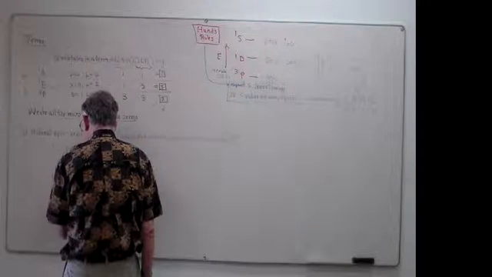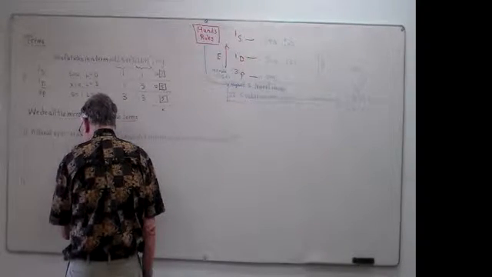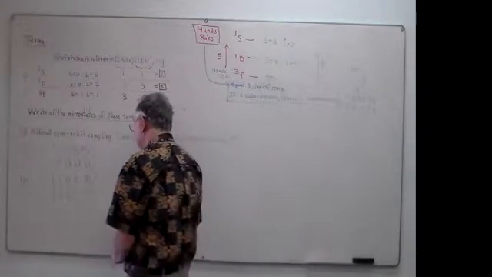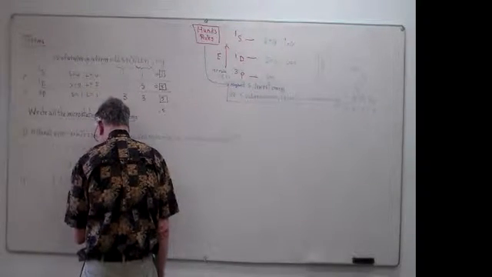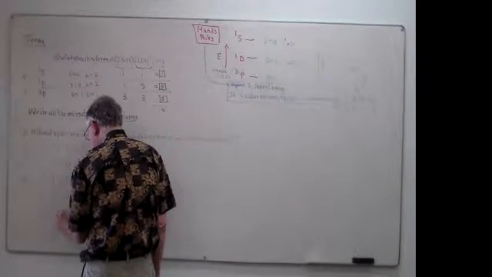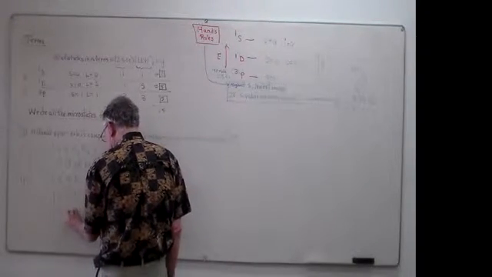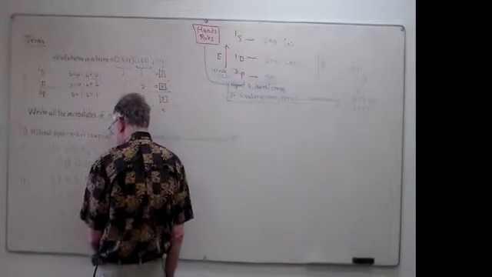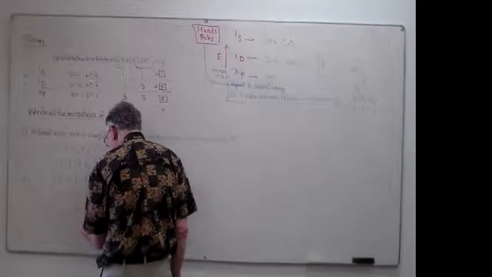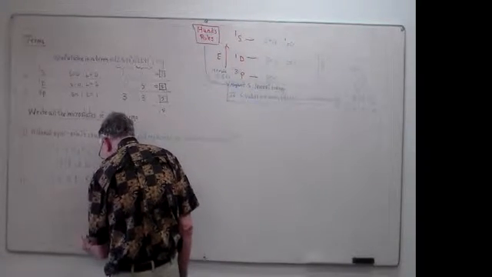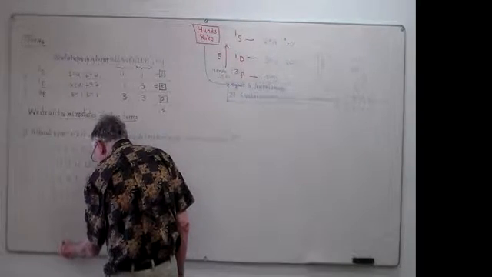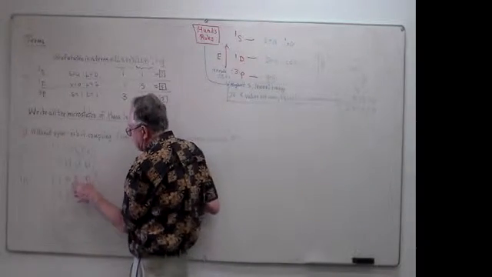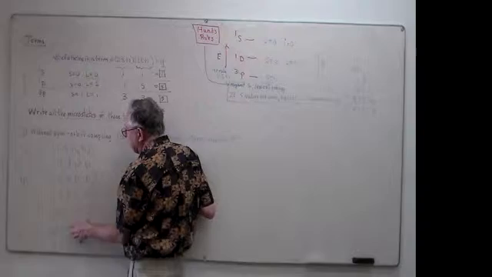So this is 2, 0, 2, 0, 2, 0, 1, 0, and now give me the other 3. So you got 2. I'll give you 2 and 0, 0, 0. Keep on going. 2, 0, negative 1, 0, right? And what's our last one? 2, 0, negative 2, 0. So these are the 5 individual quantum states that go with a singlet D.